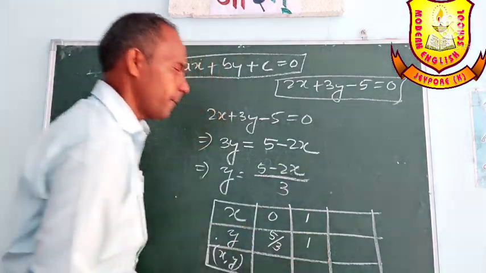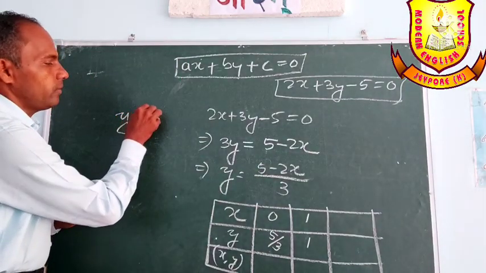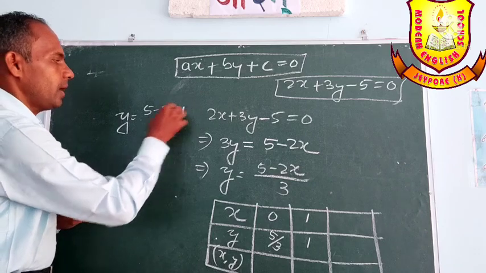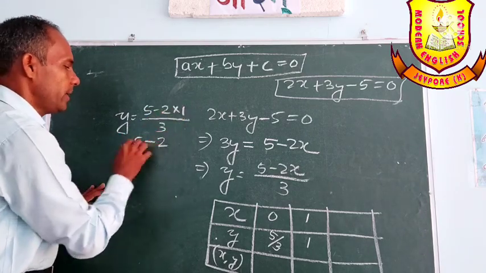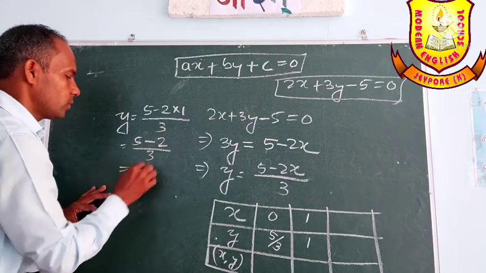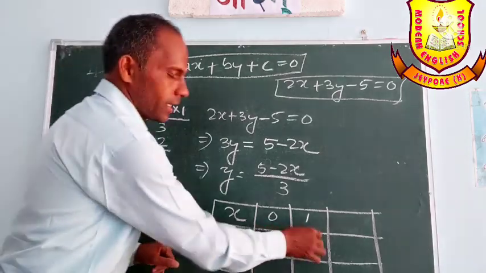So 1, 1. If you are confused, I am finding y equal to 5 minus 2 into 1 divided by 3, which is 5 minus 2 ones are 2, divided by 3. 5 minus 2 equals 3, 3 by 3 equals 1. So it is taken as 1.